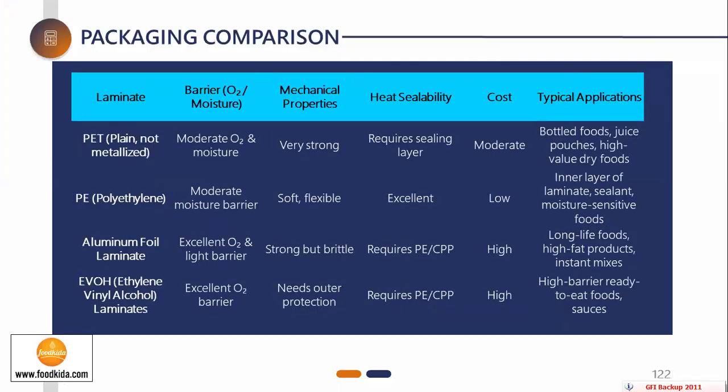Basically, the packaging material suppliers will also advise you, but it is better to have your own knowledge about it, because then you also look at the dart strength. There are some specifications, sealing strength, dart strength of these laminates, which you have to compare.